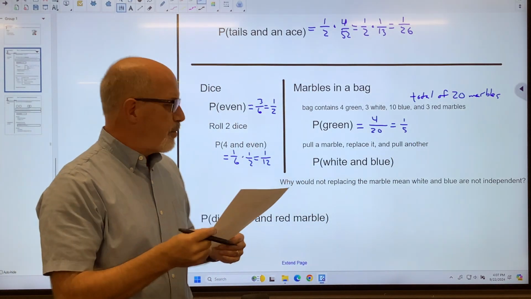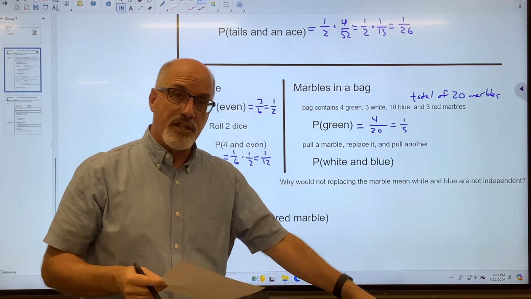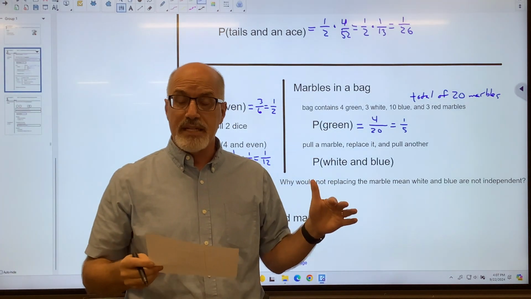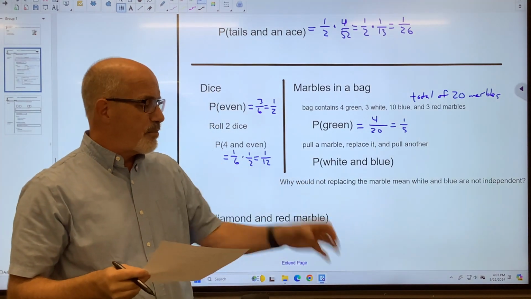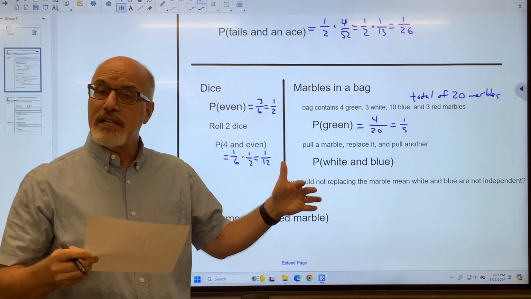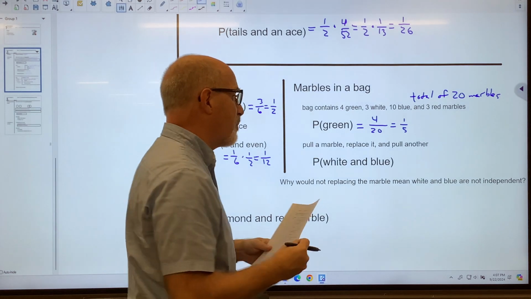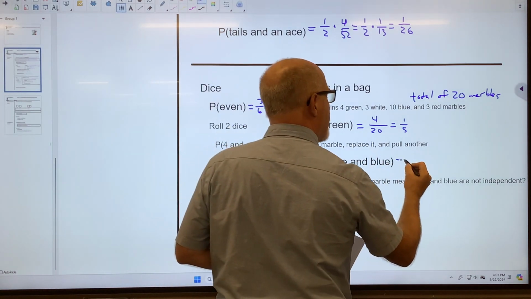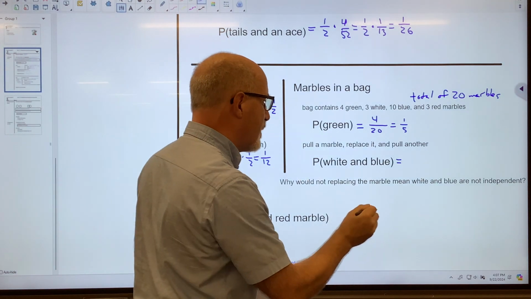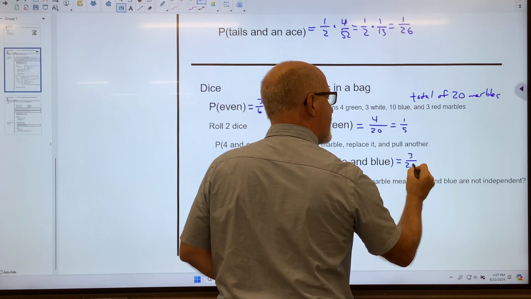All right, now what if we want to pull a marble, replace it, so put it back into the bag, and pull another marble. Now notice those are independent events because if I pull out a marble and put it back, the next one is totally random with the same probability for all the different marbles. So what's the probability of getting a white on the first event and getting a blue on the second? Well, getting white is 3 out of 20.